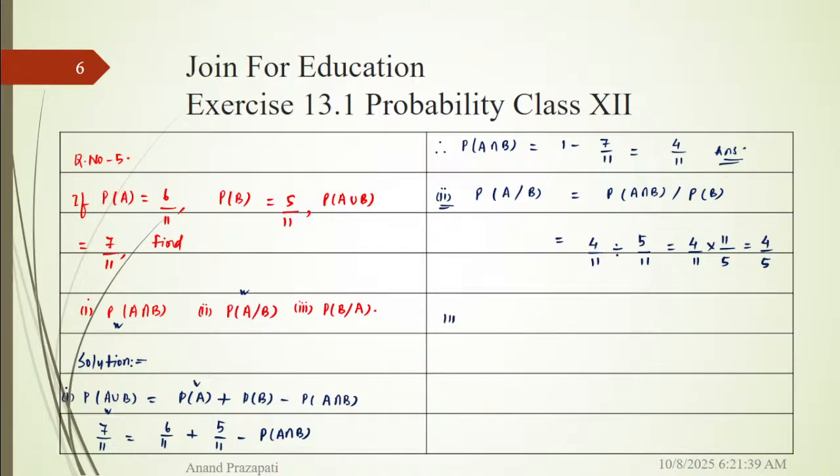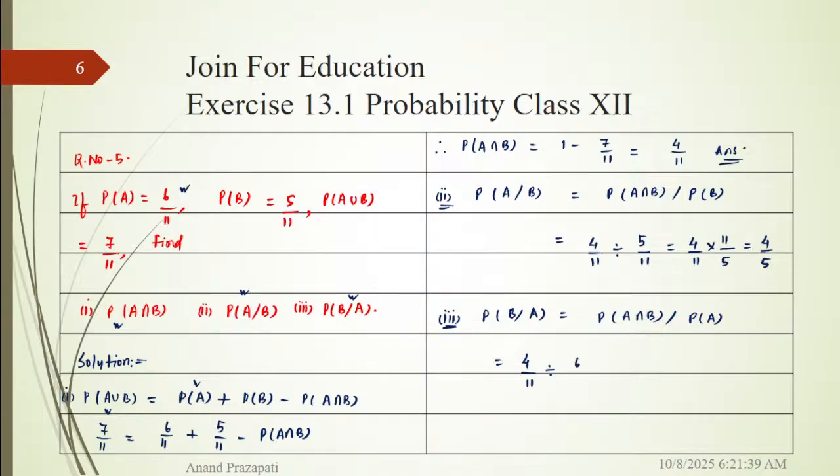Let's see the third part of this question. The third part asks us probability of B by A equals, we write down here, probability of A intersection B by probability of A. After putting the values, probability of A intersection B equal to 4 by 11, we write down 4 by 11 and divide by probability of A equal to 6 by 11.